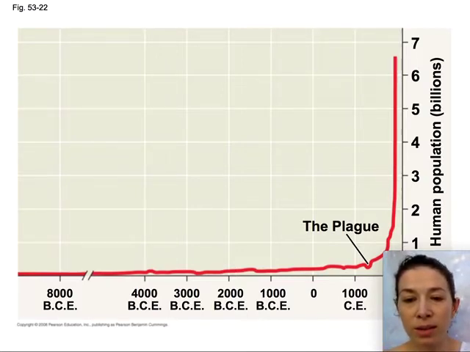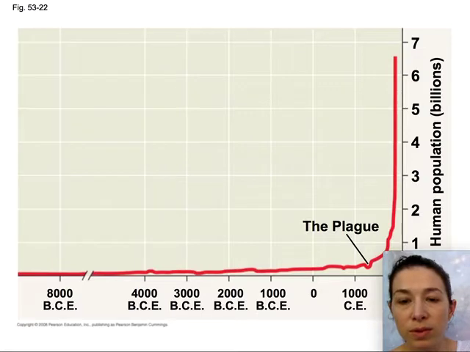So many people died that we can actually see that on the graph. And then around the 60s, we started really demonstrating some strong exponential growth. Our numbers increased very rapidly. And we went from a few billion people on Earth to now somewhere around 6.5 or 7. So we've really increased our numbers very significantly.